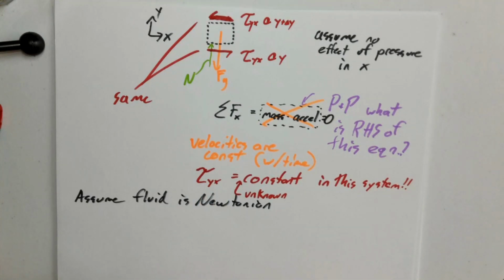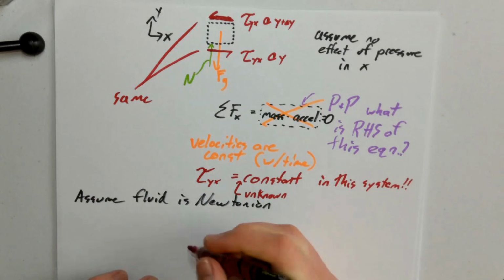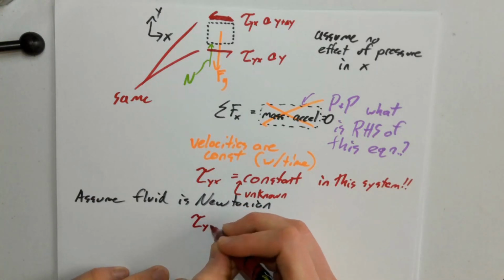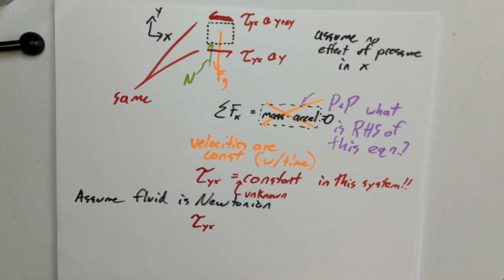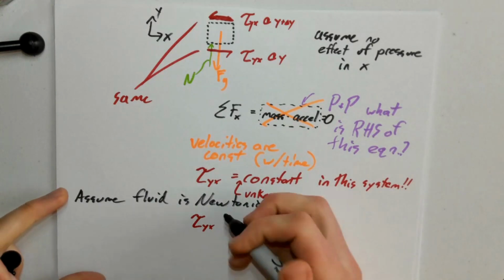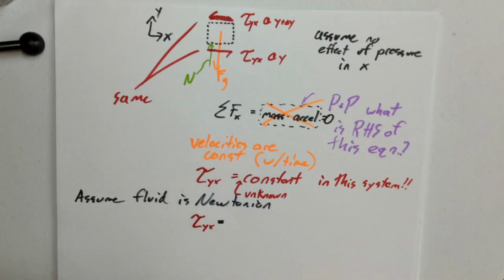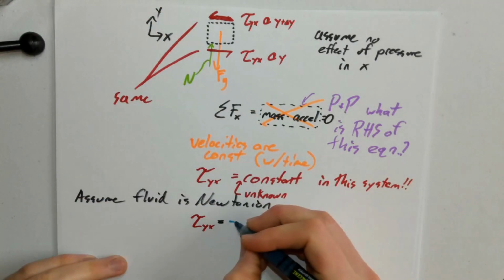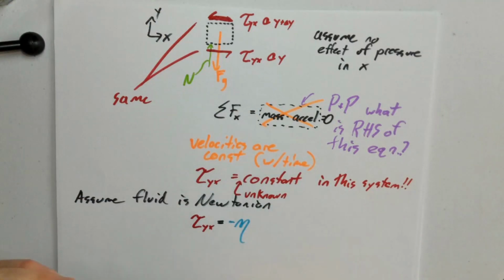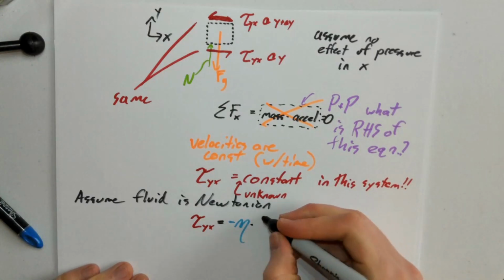So let's put that down. Shear stress is equal to minus eta, which is the viscosity, times the velocity gradient.